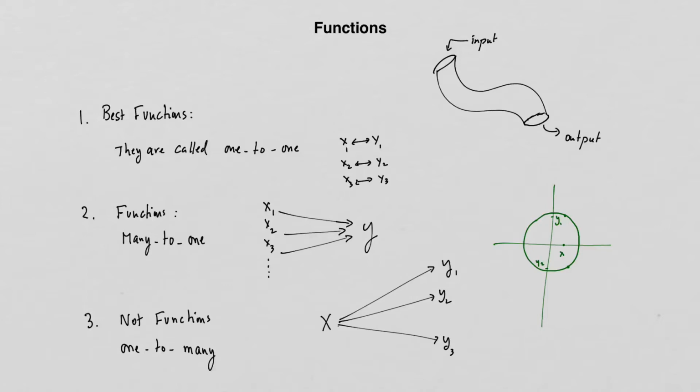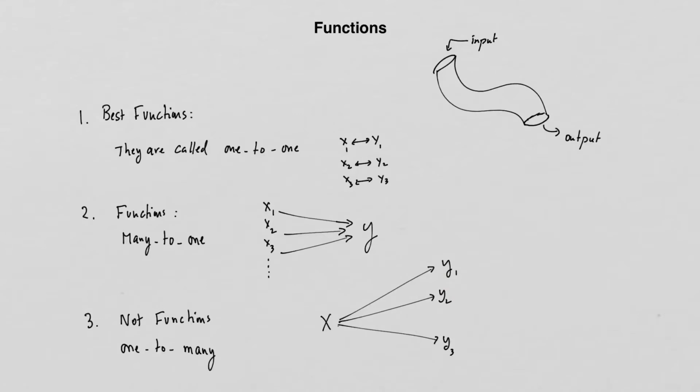There are two y's related to that x. Now we know for a fact that circles are important, right? Circles are extremely important, but they don't qualify to be functions. So there are certain things we can do with these guys that we cannot do with this. But that doesn't mean these are not important, okay?